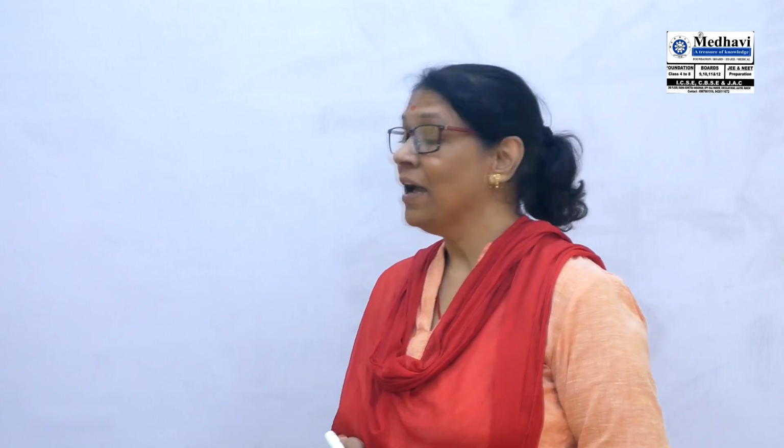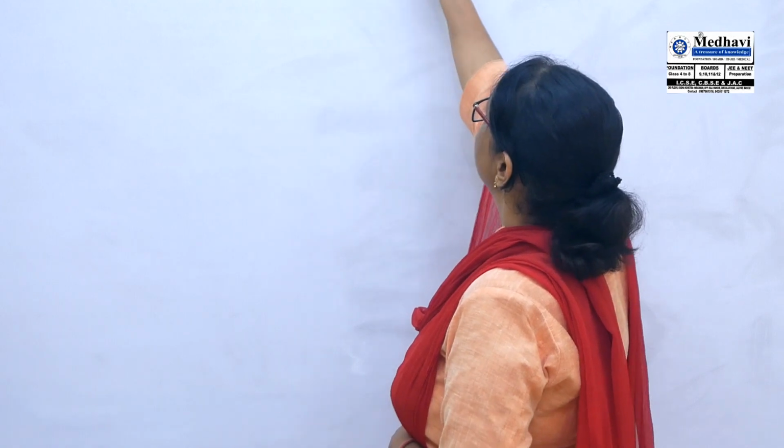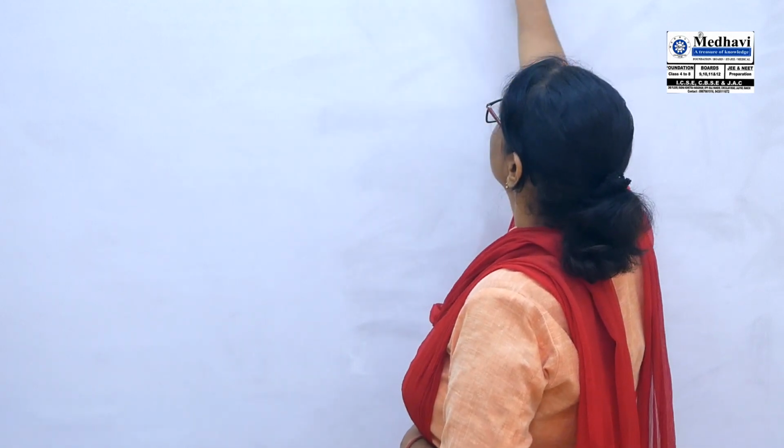So I have explained the dot structure of 3 types of compounds: first, compounds having octet configuration; second, electron deficient compounds; and third, electron excess compounds, that is superoctet. Now I am going to explain VSEPR theory.